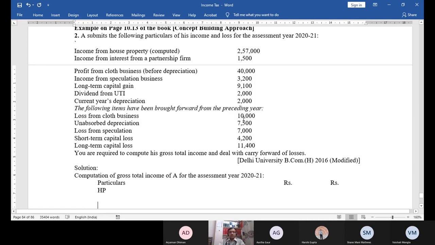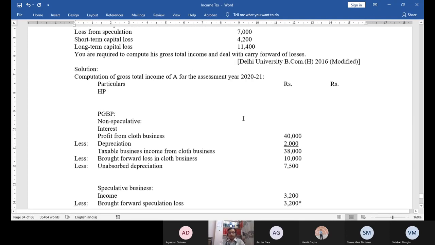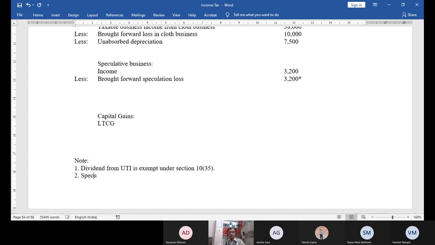So I will write note 2. Speculation loss of how much? 7,000 minus 3,200, again 3,800 will be carried forward to the next year.